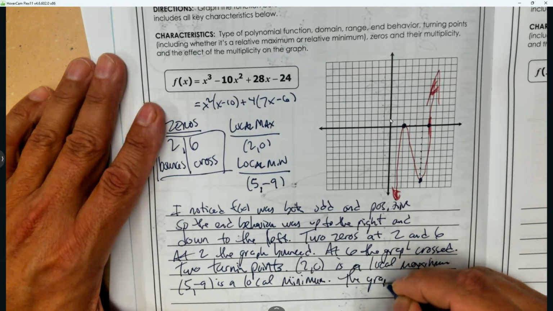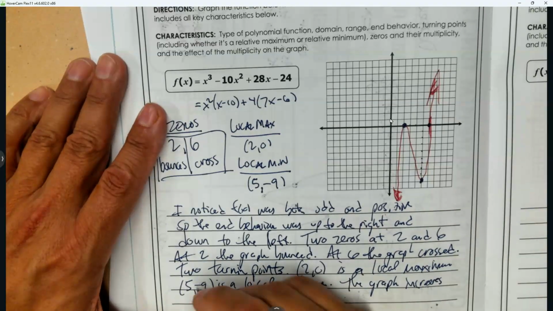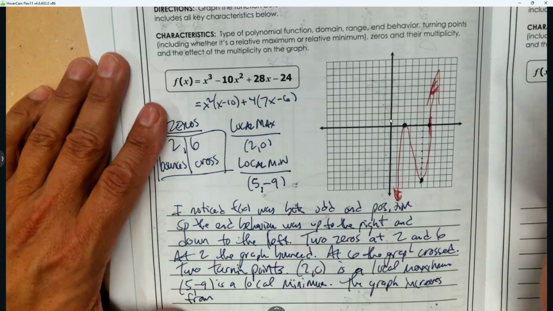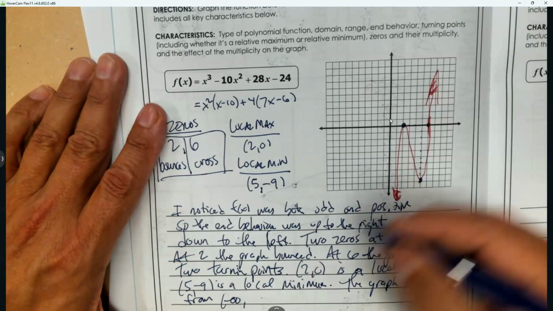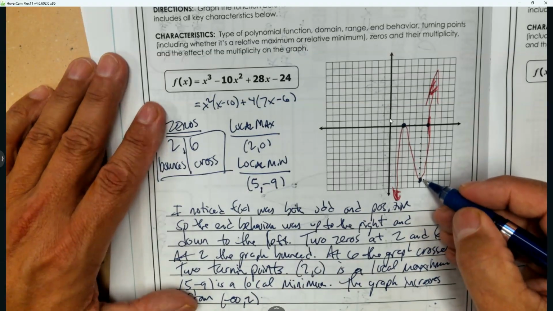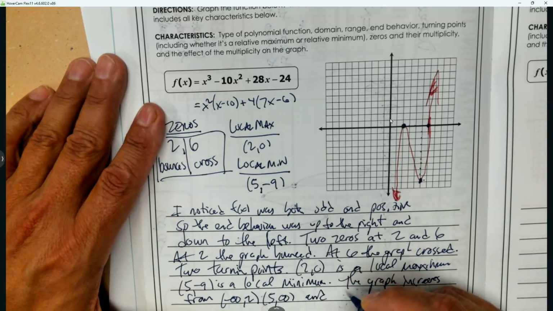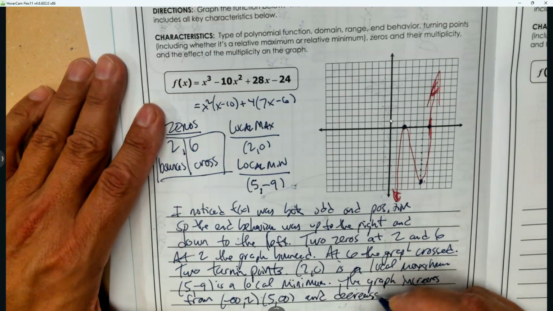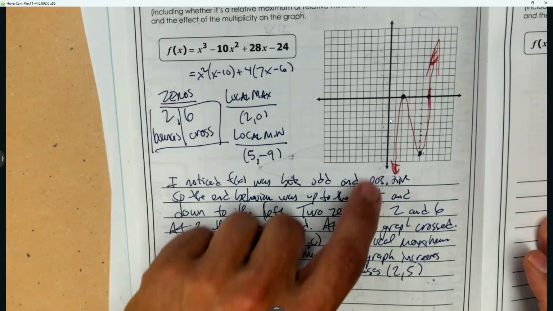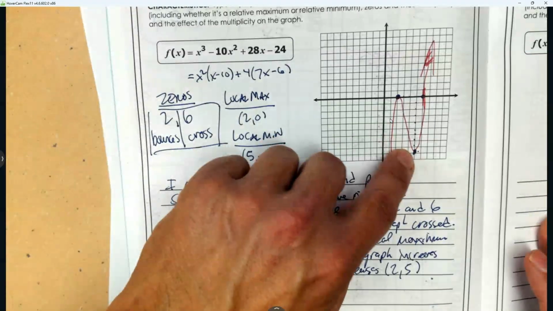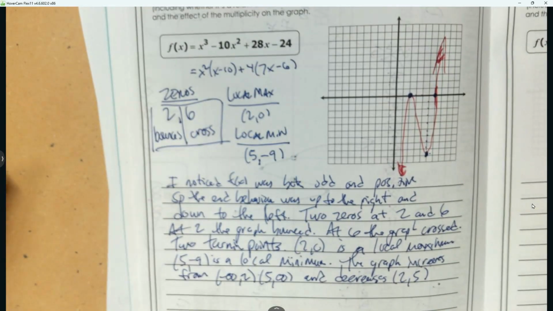The graph increases, and if we want to know where it increases, it goes from negative infinity up to 2. It also increases from 5 on, and decreases in the middle from 2 to 5. So it increases up to 2, then it decreases, and then it increases again. And those are all the characteristics we're looking for in that graph.